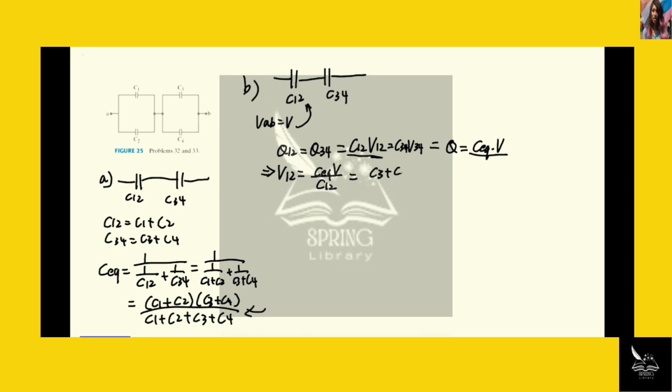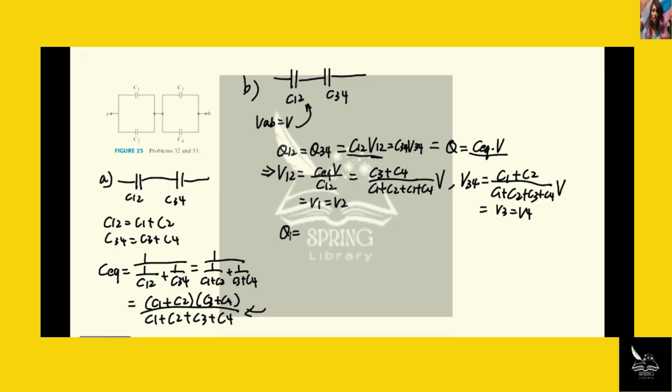So we will end up with C3 plus C4 over C1 plus C2 plus C3 plus C4 times V. And similarly, V34 equals C1 plus C2 over the sum of all the capacitances times V. And once we found V12 and V34, because V12 also equals V1 equals V2, and V34 also equals V3 equals V4, we know the voltage across each of these capacitors.